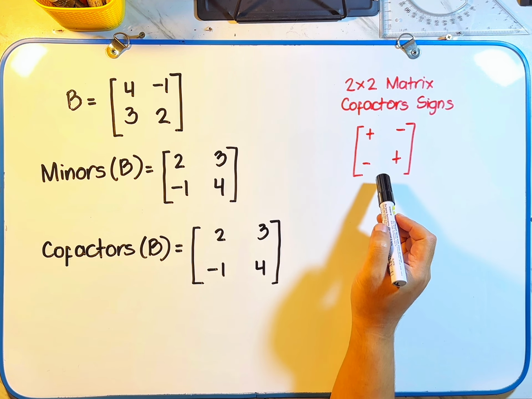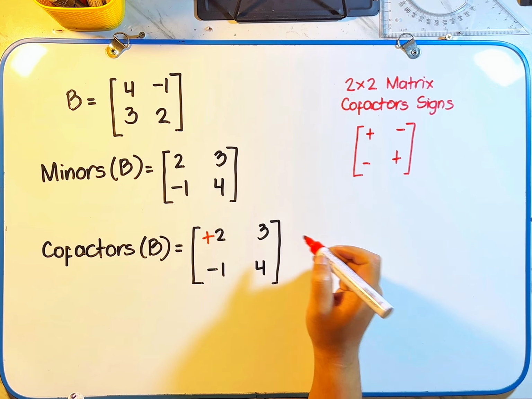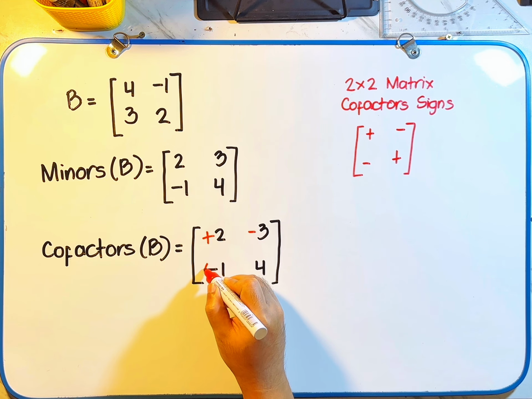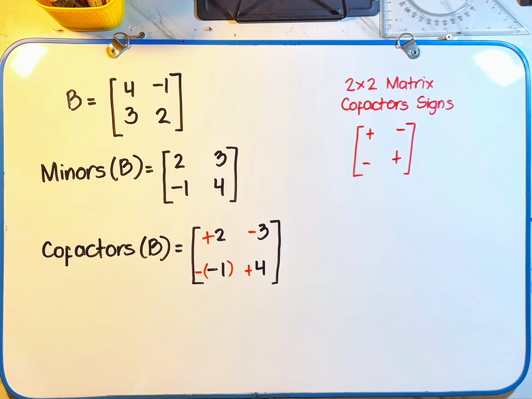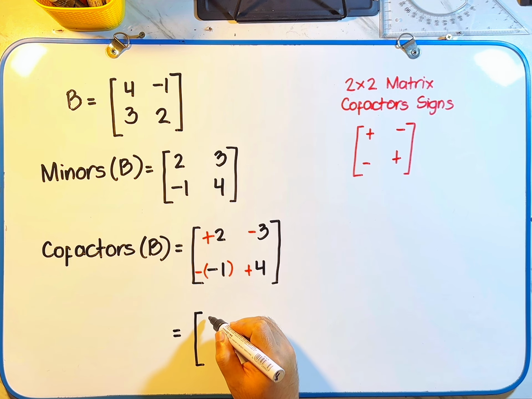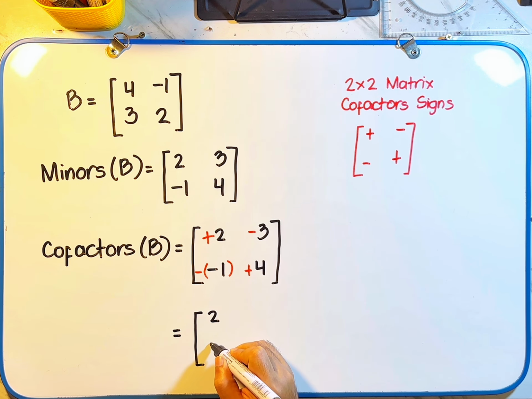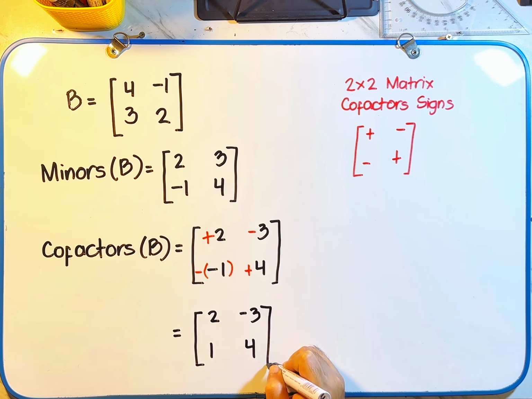Applying the 2 by 2 matrix cofactor signs, we have plus here, we have minus here, and then minus here, and then plus right here. That's it. Which means the cofactors, we have 2, positive 1, negative 3, positive 4.